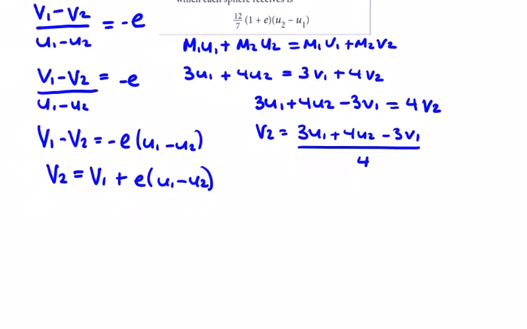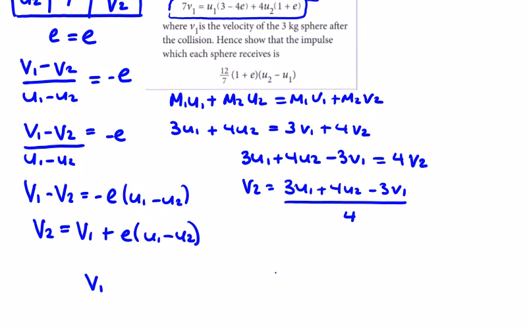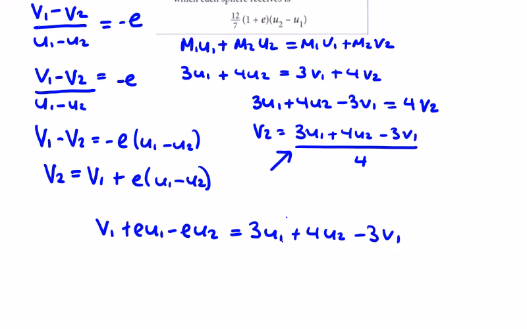Let's see what we get anyway. Let's equate them. So v1 plus e u1 minus e u2, getting the e out of that bracket, would have to be equal to this expression, 3u1 plus 4u2 minus 3v1 all over 4.